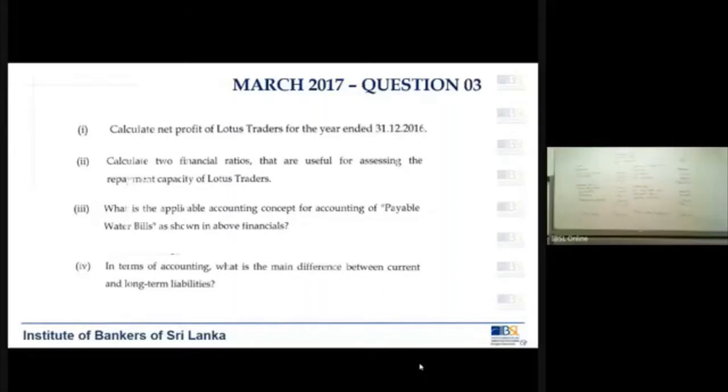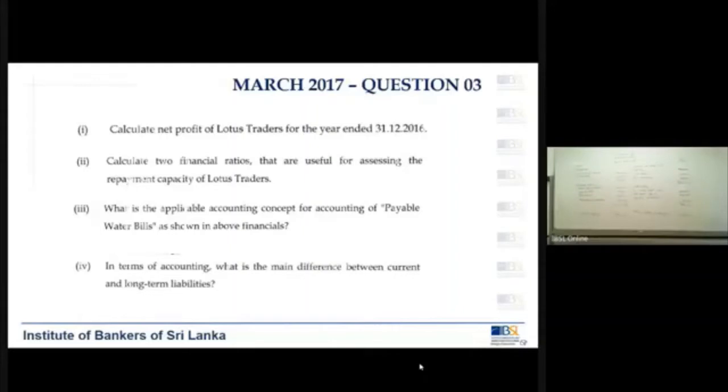So the payable water bills is the item which is appearing in the above list of balances. And there is an amount also given. So you need to be very careful in understanding what these payable water bills is, what type of an account it is. So depending on that, you have to say what is the applicable accounting concept.